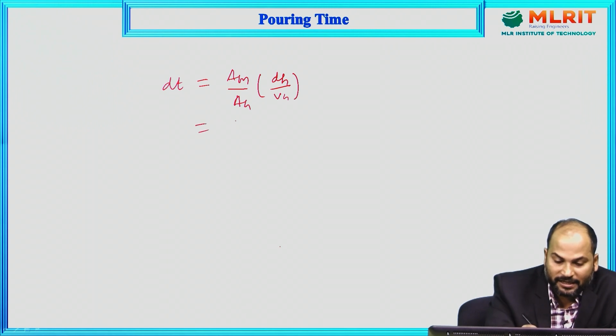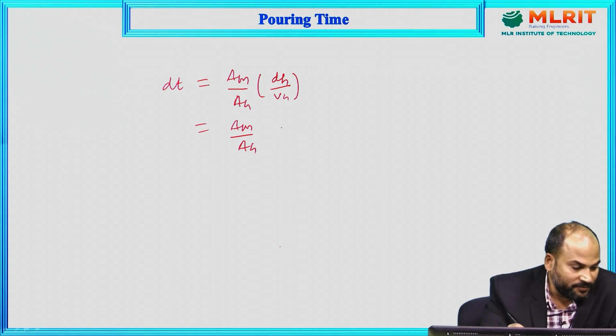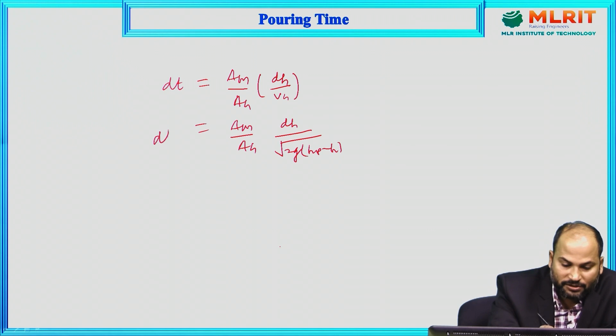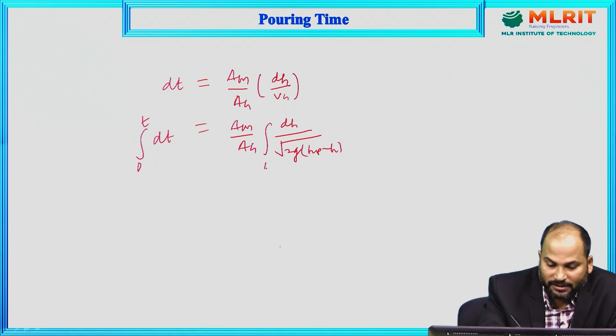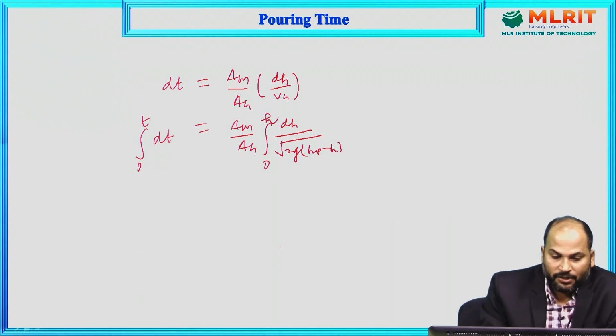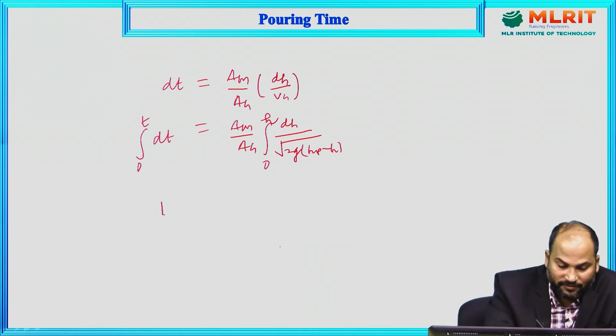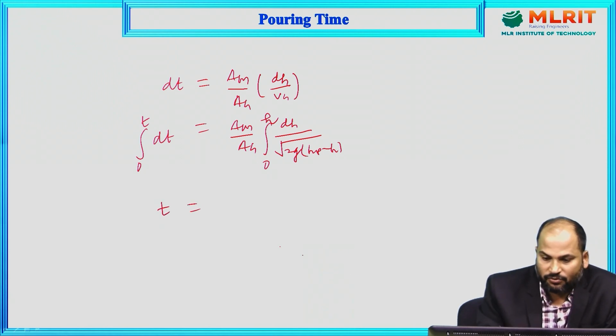So finally we can write area of the mold upon area of the gate, and this dh, and the expression for Vg is twice g in bracket Hp minus H. So this is dt. Suppose we integrate the left side from 0 to t, and the right side from 0 to h. Once we integrate this, the final result for time will come out.